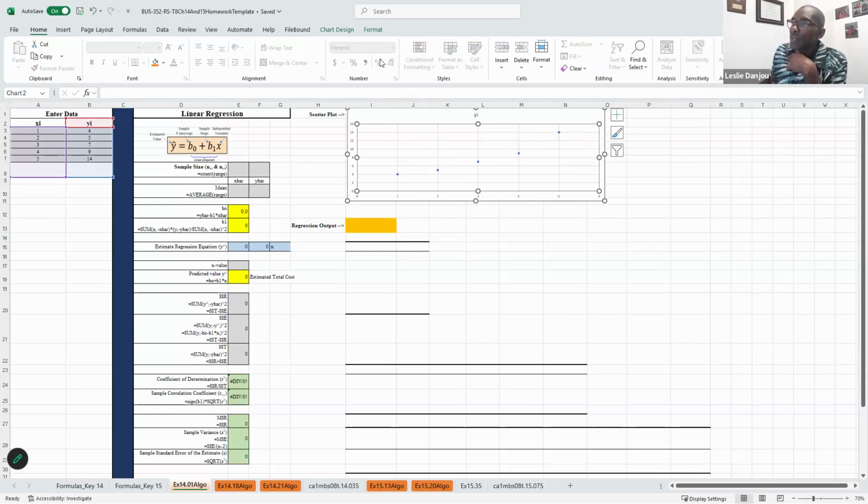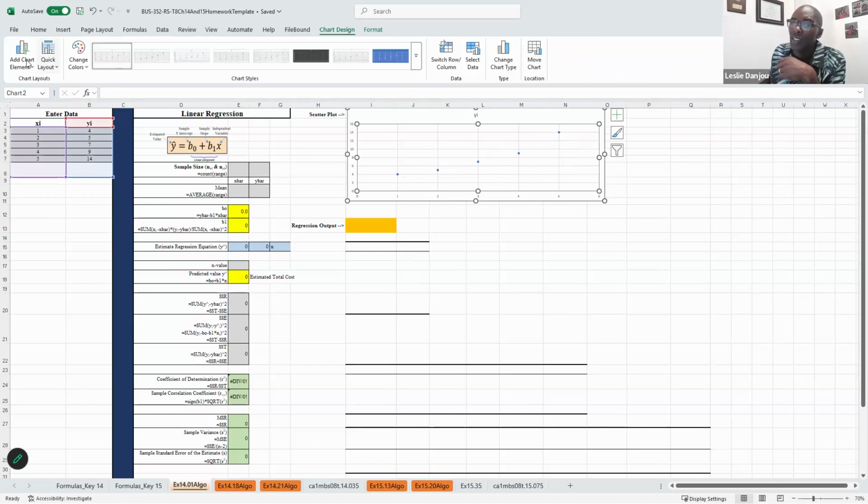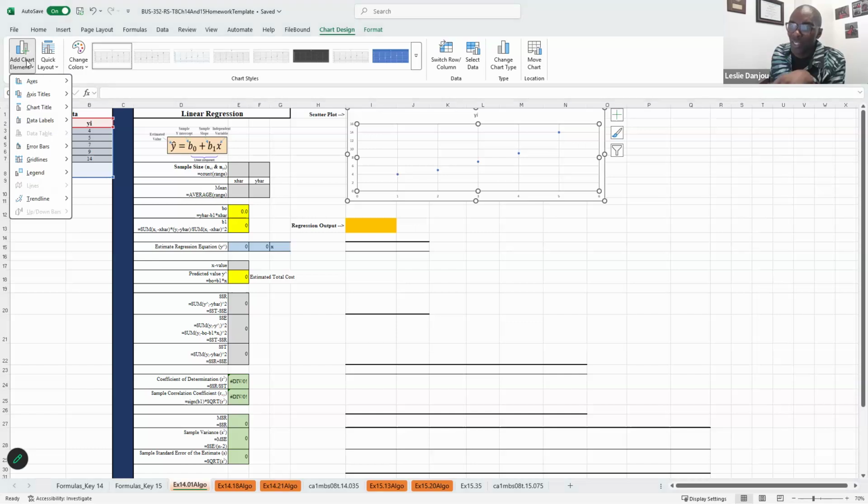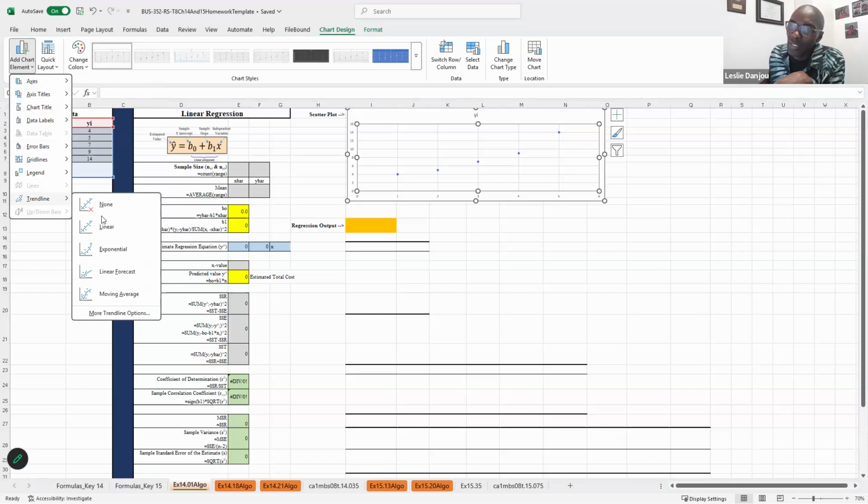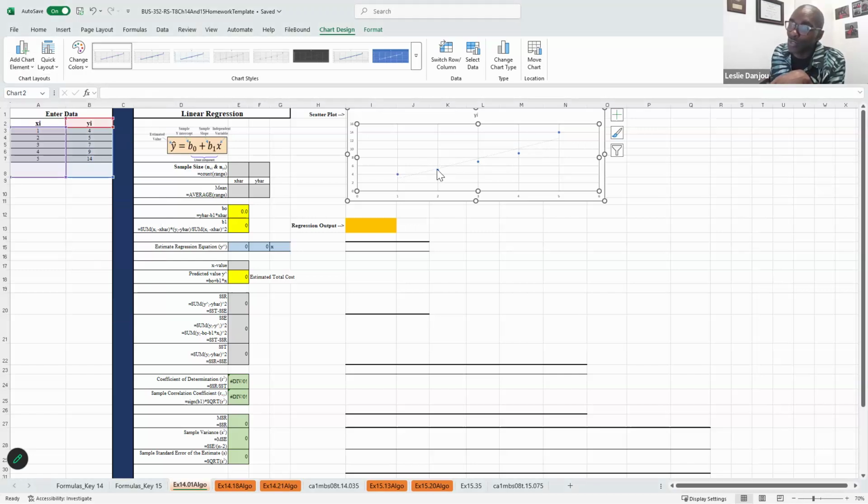And I want you to click on chart design. Click on add chart elements, click on trend line, and please make sure that you're clicking on the one that says linear. So for my Mac users, please use that process. All right, now you have your trend line.